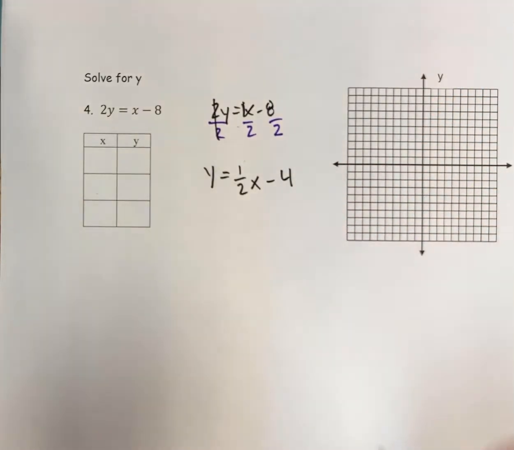You need to leave that as a fraction, guys. Do not write it as a decimal, okay? Leave it as 1/2, not 0.5. The reason being, if you remember, I said your 3 points cannot be fractions, which also means they cannot be decimals.